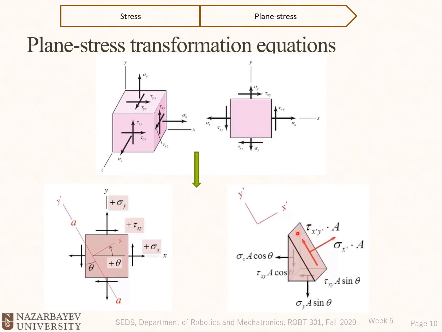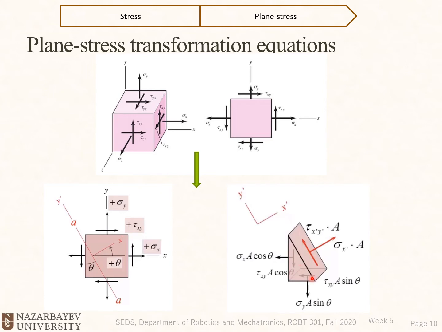So these are the normal stresses and shear stresses by definition in the x prime y prime coordinate system. Why by definition? Because by definition normal stress should be perpendicular to the surface and shear stress should be parallel to the surface.